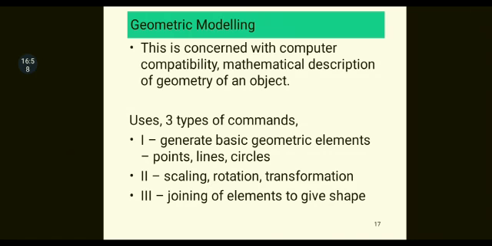So normally there are three commands. One, generate basic geometric elements. Say basic geometric elements are points, lines, circles, arcs, you can say. Then second one is scaling, rotation and transformation. I hope scaling means scale 1:2, 1:10 or 2:1 or 5:1, like that.